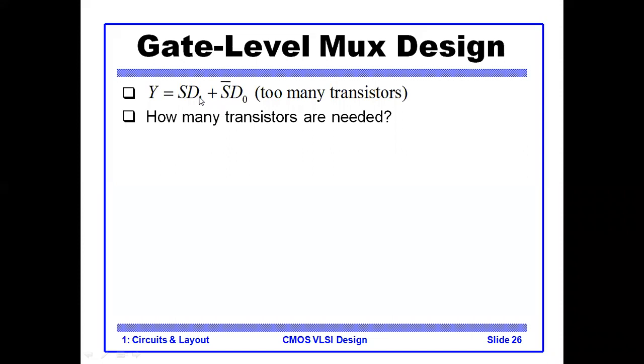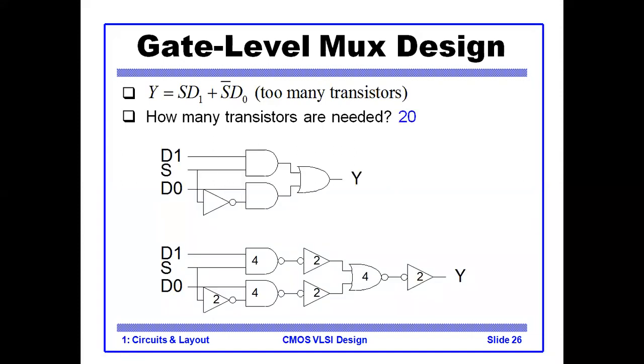If I use pass transistors to implement the logic function for the 2:1 multiplexer, how many transistors are required, and if the same design is implemented with the transmission gate, how many transistors are required? Here we'll understand.